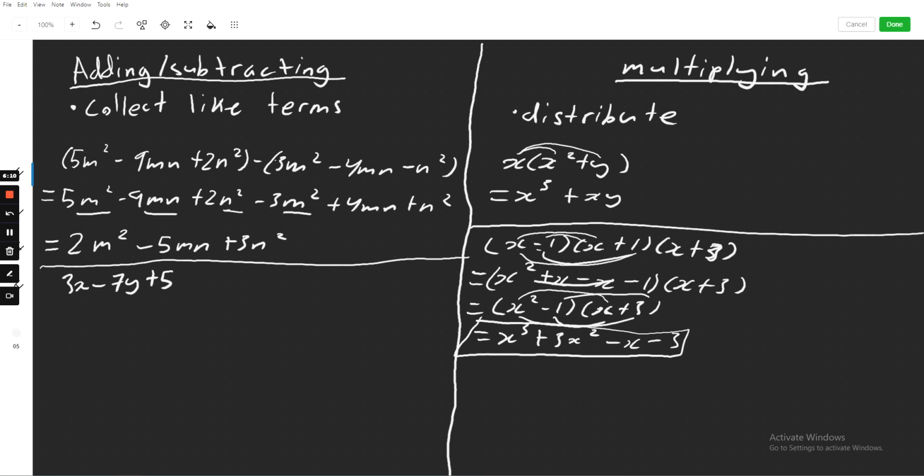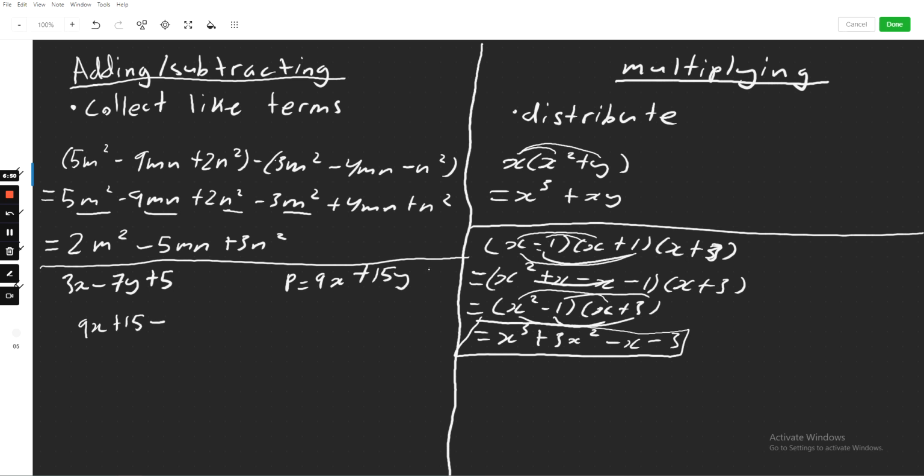So that would mean that 3x minus 7y plus 5 plus another side, the same length, 3x minus 7y plus 5, in addition to another unknown side length, would equal 9x plus 15y.